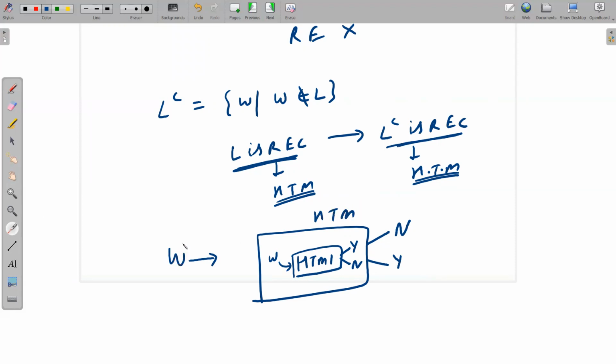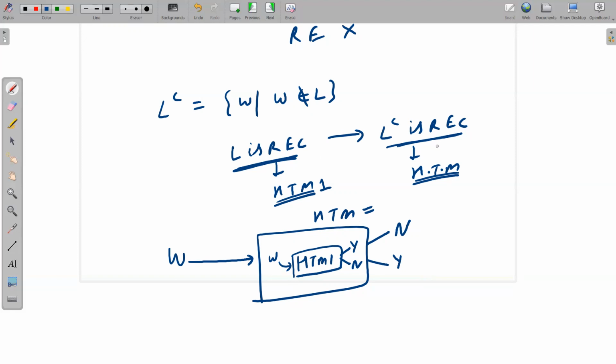I have given W to this big halting Turing machine, and it internally calls a small Turing machine HTM1, which is for L. Now W is given to HTM1. If HTM1 says yes, your big Turing machine will say no. If HTM1 says no, your big Turing machine will say yes. So we have constructed a halting Turing machine. Hence, REC are closed under the complement operation.